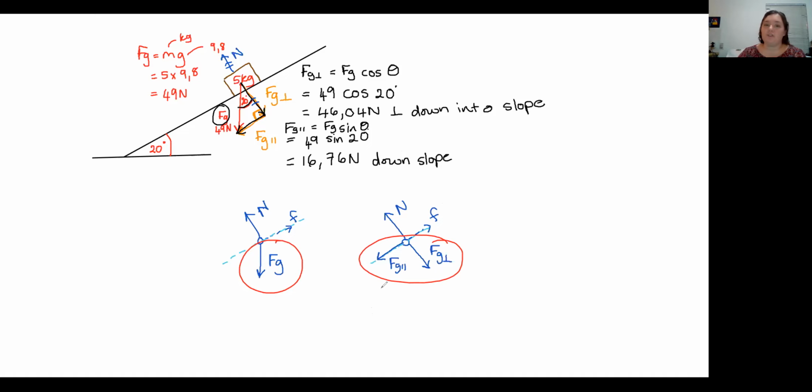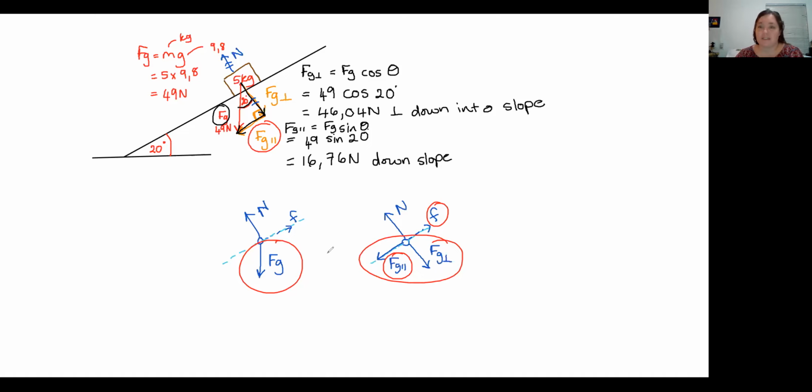What you also need to remember is that there's not necessarily always going to be a friction that exactly equals your component of the weight parallel to the surface. So it's a very dangerous assumption to say that this is equal to the friction. That only applies if you're in equilibrium, which means either you have an object that is at rest or about to move but at rest, or an object that is moving at a constant velocity.